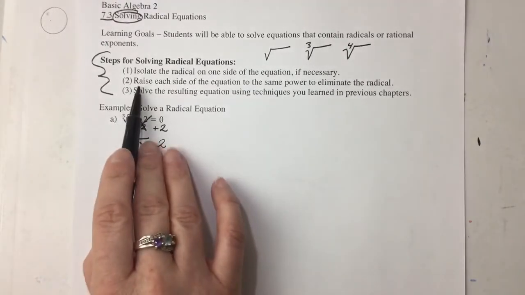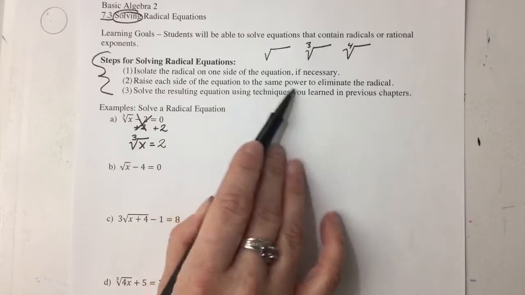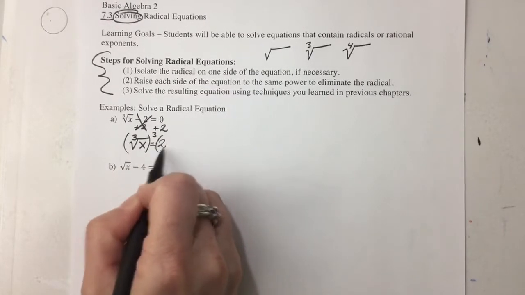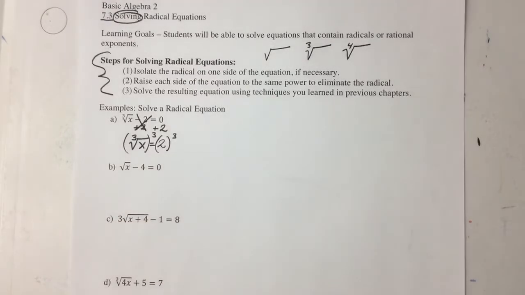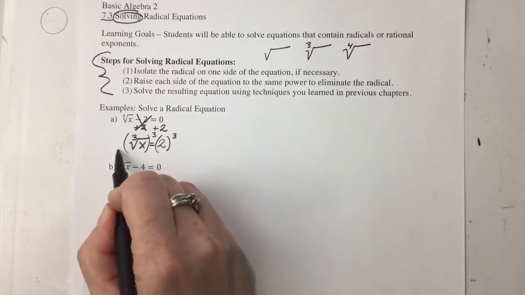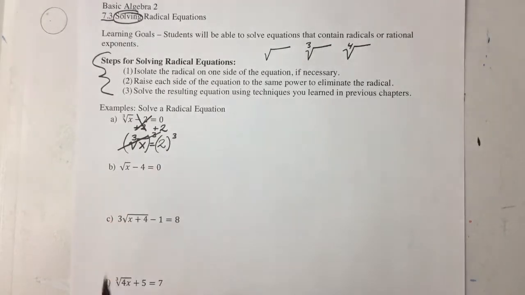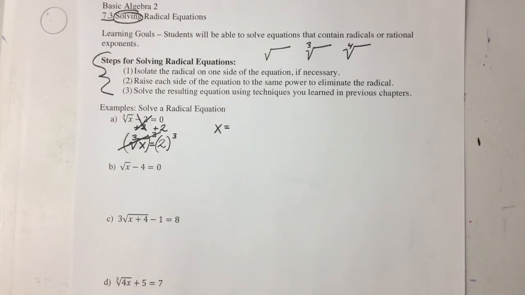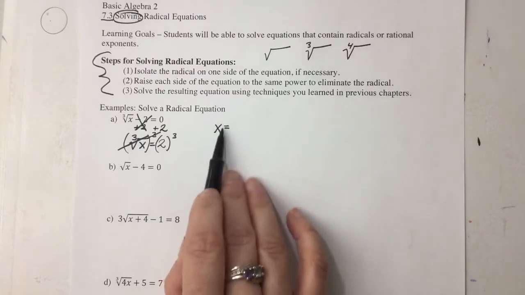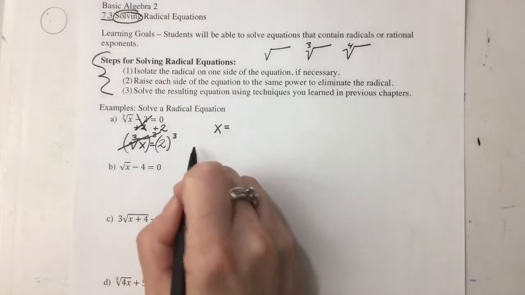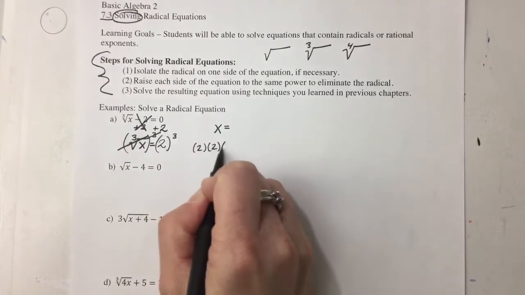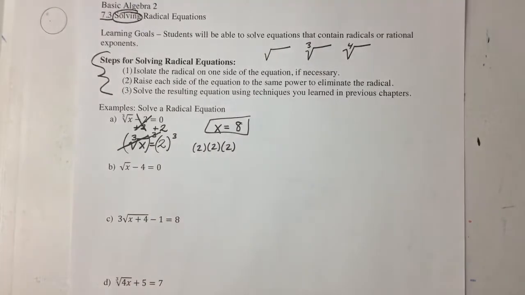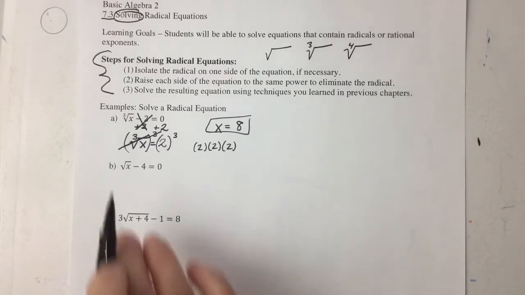Step 2, raise each side of the equation to the same power as the index. My index is a 3, so I need to take both sides to the power of 3 because a cubic root and a cube cancel. X is alone, which is what you want because you're solving, meaning isolate the variable. 2 to the power of 3 means 2 times 2 times 2, which is 8. Done.